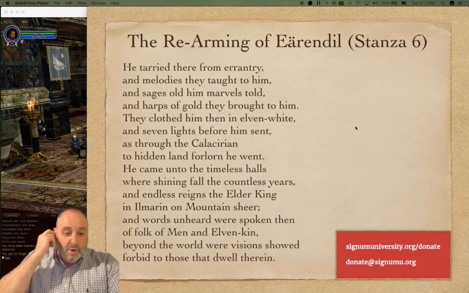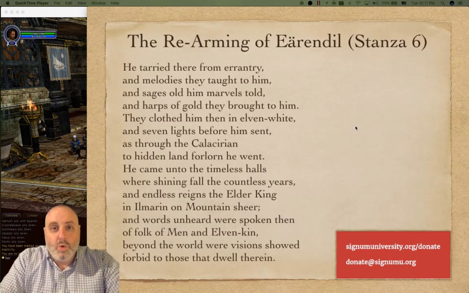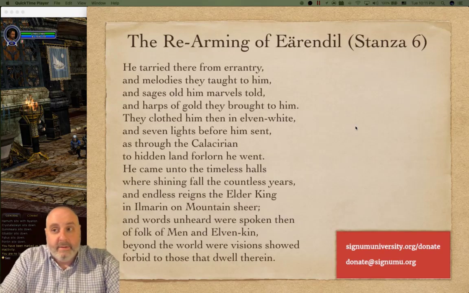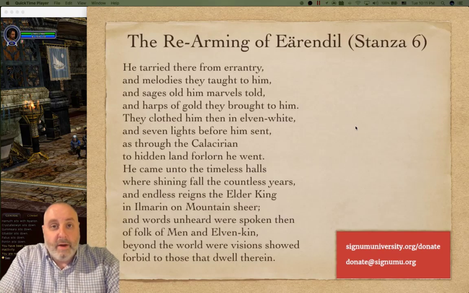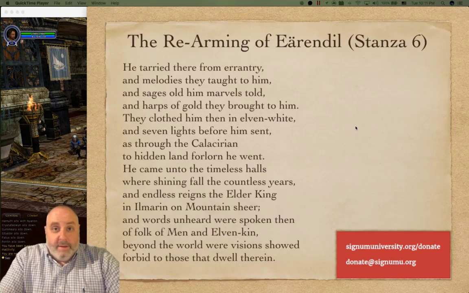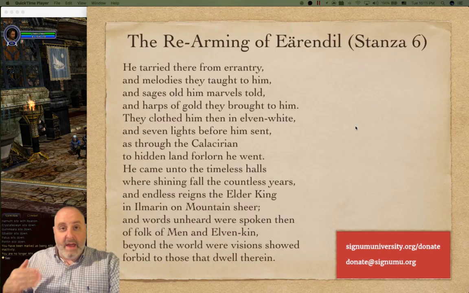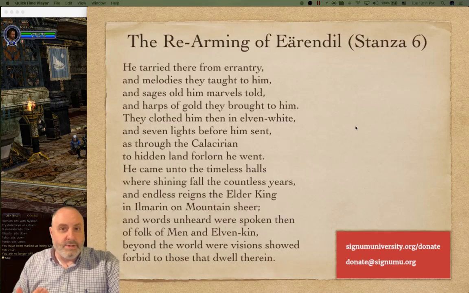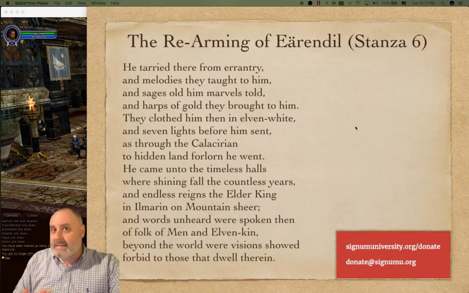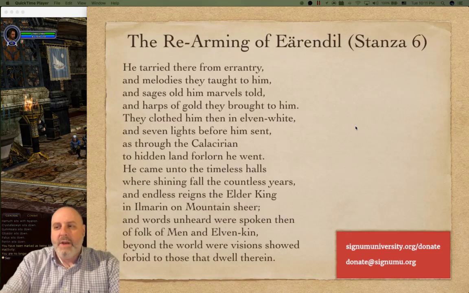We don't even know who is speaking the words unheard to whom. Is it to Earendil? Especially since in the last two lines, with the visions showed forbid to those that dwell therein, Earendil certainly seems to be the one receiving the vision. So is he also receiving the words unheard in the previous two lines? That seems likely in context. So is that even talking about it? I don't even know.